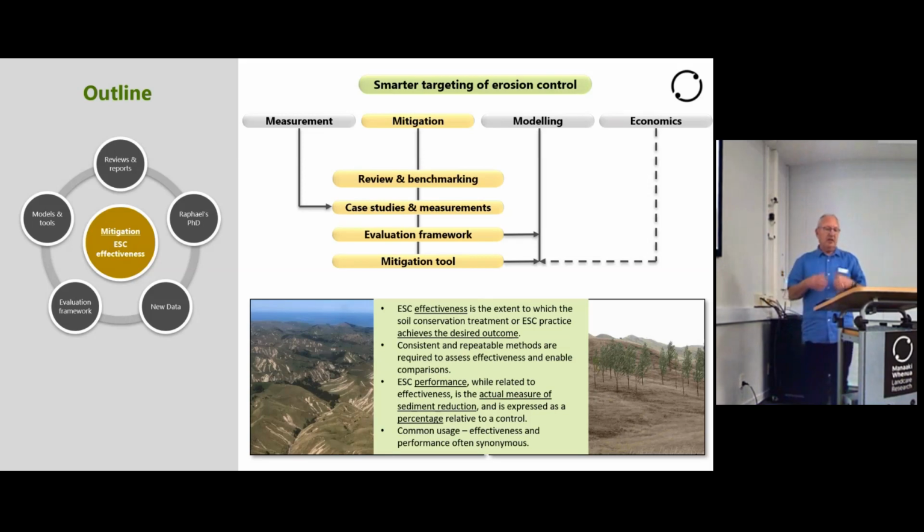Now, on the other hand, ESC performance, while it's related to effectiveness, is the actual measure of sediment reduction, and it's usually expressed as a percentage relative to a control. However, in common usage, what we find is that people are using these two terms synonymously, but they are different.